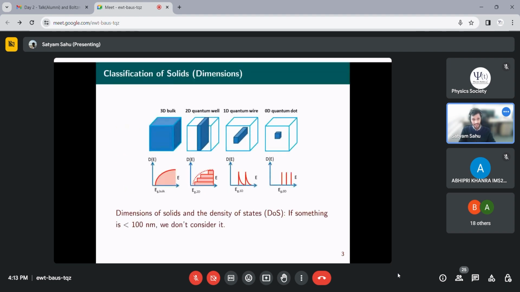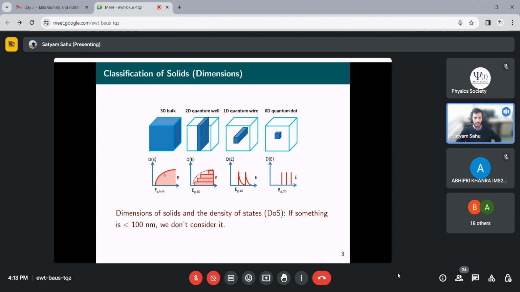When we think of solids, we usually define them in 3D. Whatever you think of in the world is mostly 3D. As you can see here, for the 3D, at the lower panel, you have the density of states, which are mostly parabolic in nature.